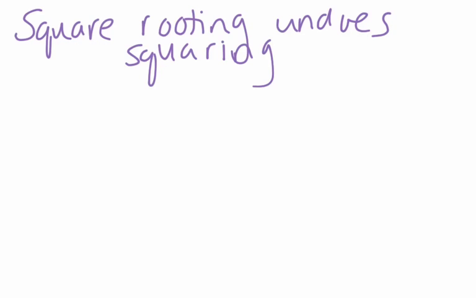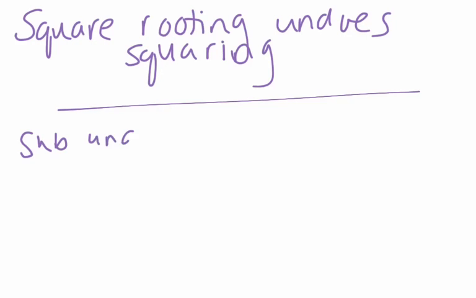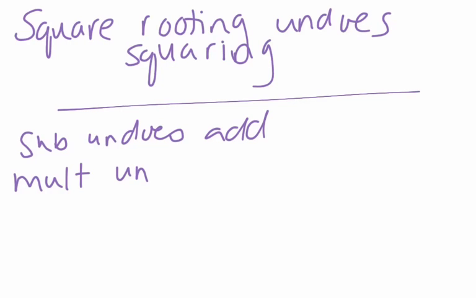Just to put this in some context, we've seen this before. Subtraction undoes addition. That's why when you're solving an equation and you have an addition, you subtract to undo it. We also know that multiplication undoes division and vice versa. So these are pairs of what are called inverse operations, and square rooting undoes squaring.